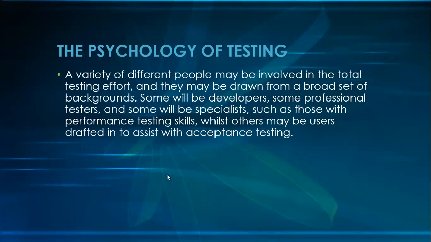A variety of different people may be involved in the total testing effort, and they may be drawn from a broad set of backgrounds. It could be from the developers, professional testers like you and I, specialists. So I might be good, you might be good in testing very well.